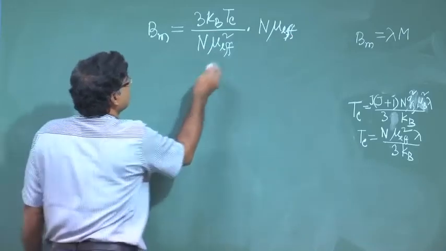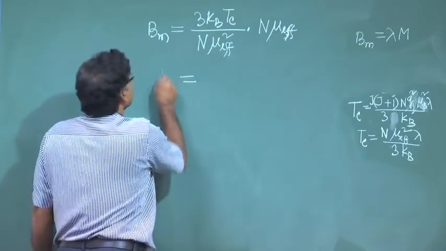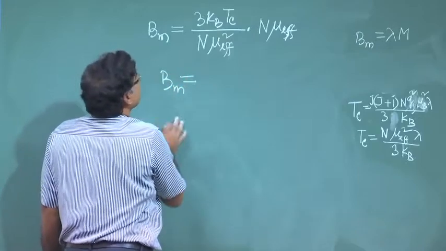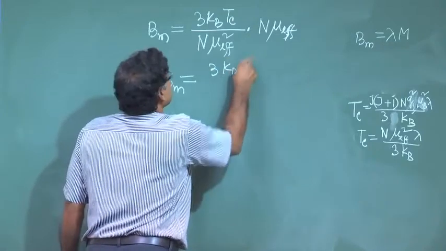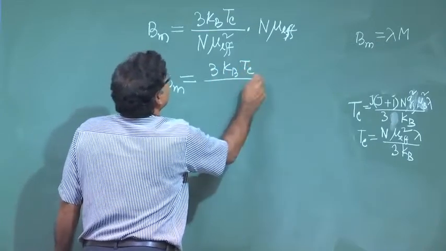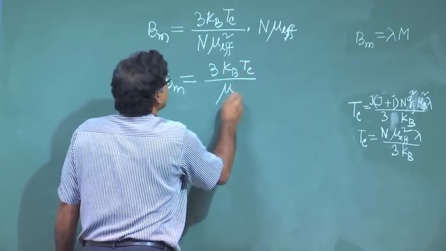So, from here what you are getting, Bm equals 3 kb Tc divided by mu effective.